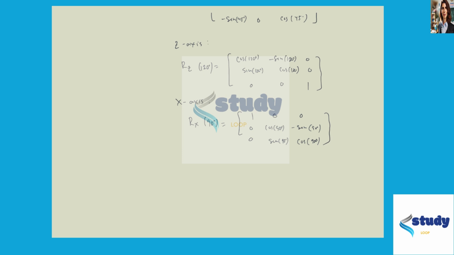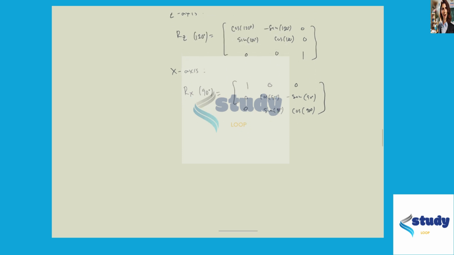So now the overall transformation matrix T is going to be the product of these matrices.